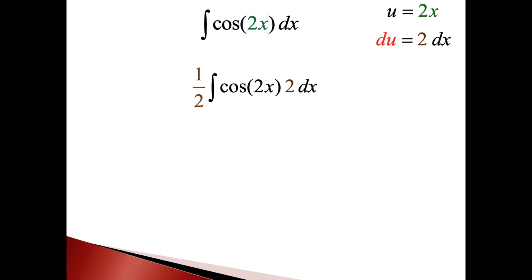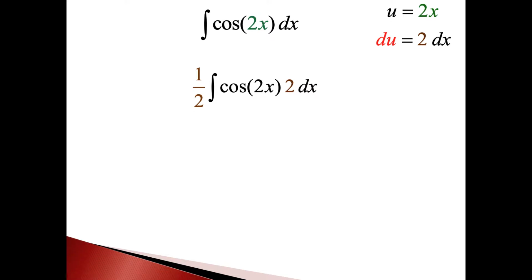But what there is multiplied by a 2, I would cancel that out and in effect not done anything if I also divided by 2. So if I write a brown 2 next to the dx, I could write a brown 1/2 outside the integral. And of course, I can take that number outside the integral, move it inside the integral if I wanted to, and multiply it by the 2 and get back to what I started.